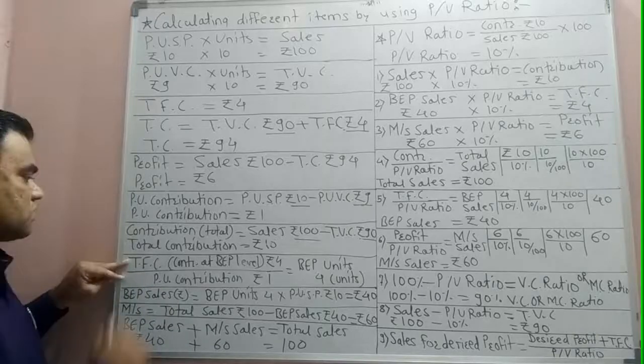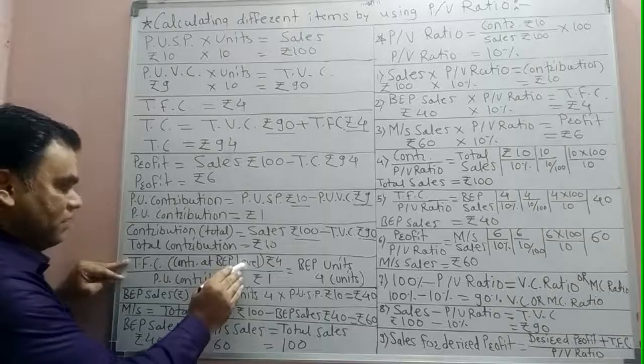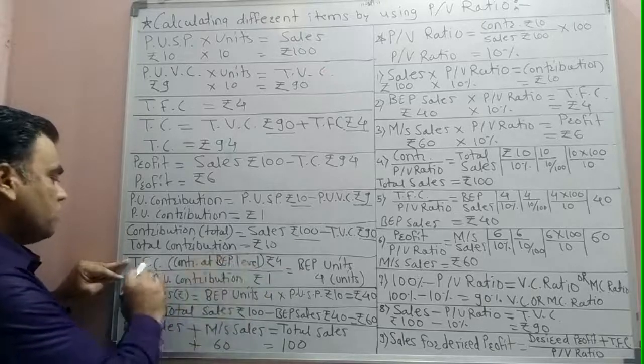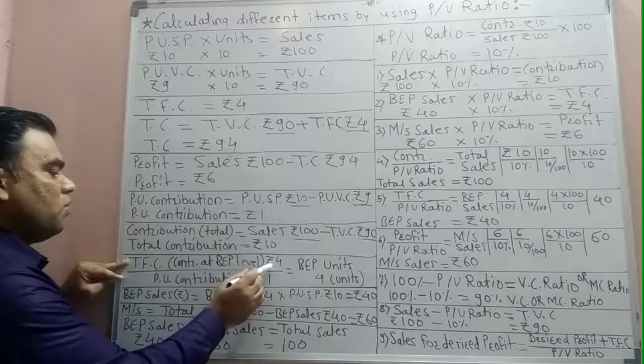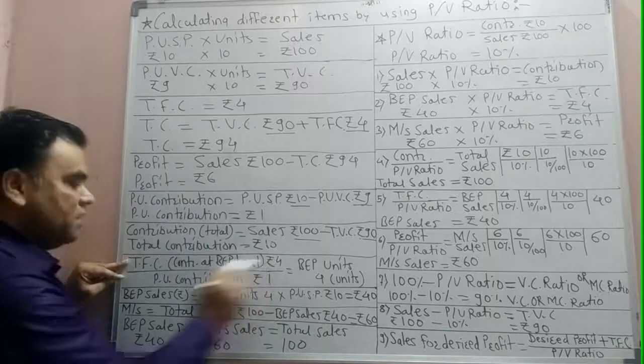So total fixed cost means also amount of contribution at BP level, which is rupees 4. Because fixed cost is 4, contribution amount at BP level will also be 4.